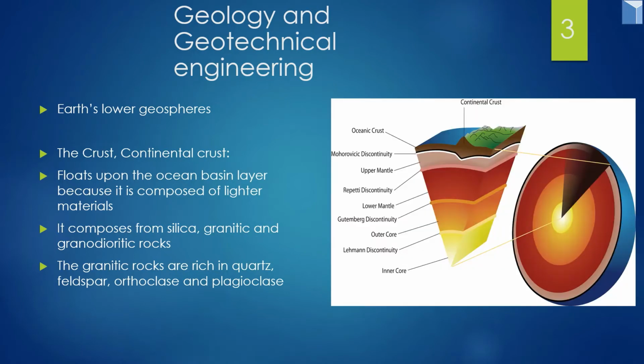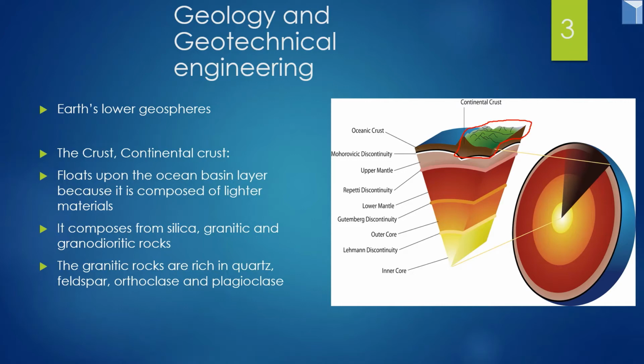And we have the distribution of the spheres of the earth shown in this diagram. We have the core of the earth, or sorry, the crust of the earth is this part. The crust is the part which our continents are made of. So the continental crust is simply the continents of the earth, the part of the crust.